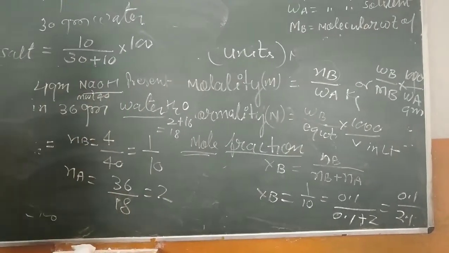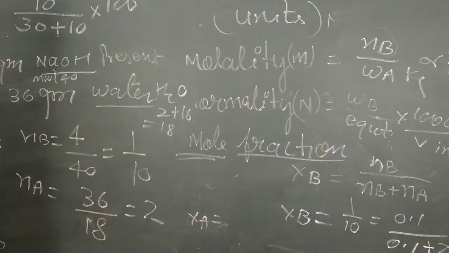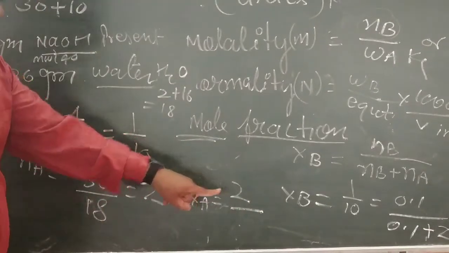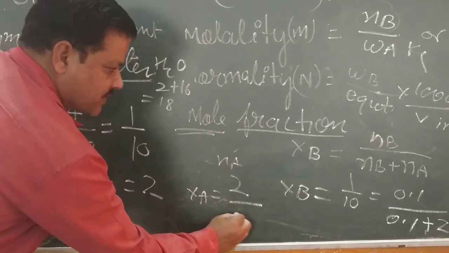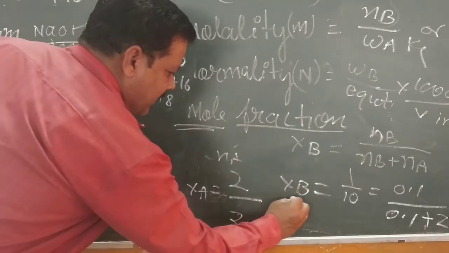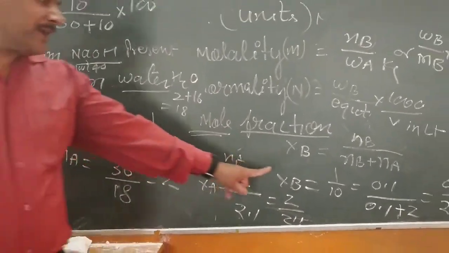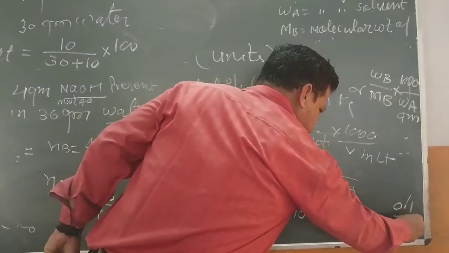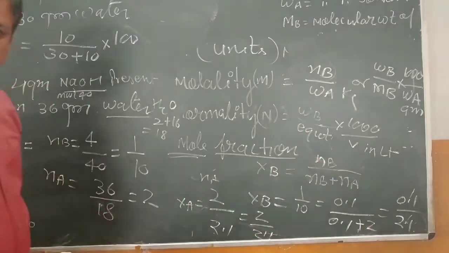For the mole fraction of solvent, we can use chi B is equal to number of moles of solvent nB upon total moles of solution, 2.1. It will come 2 upon 2.1. So mole fraction of solute is coming 1 upon 21, and here it is coming 2 upon 21.